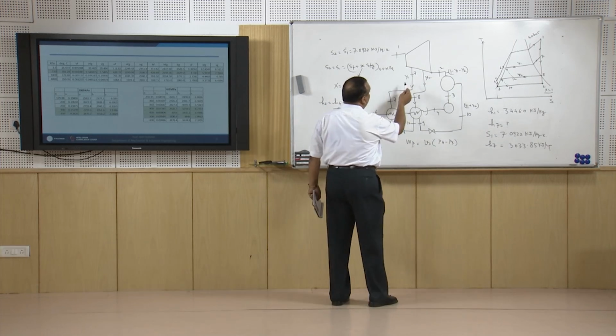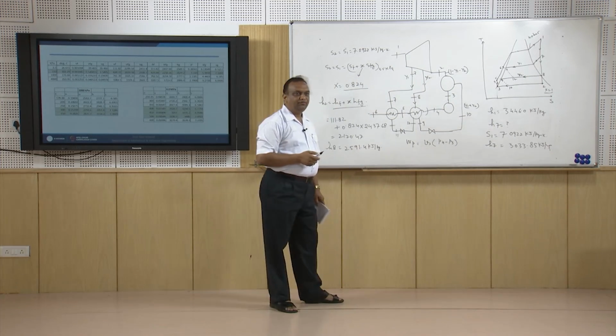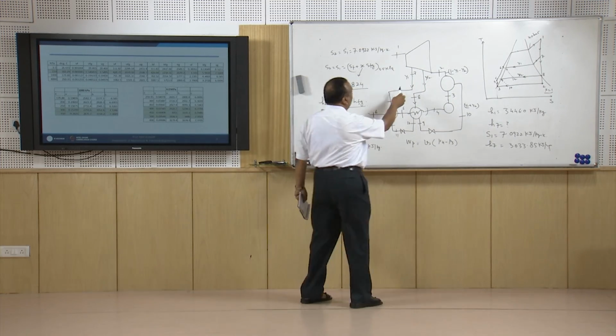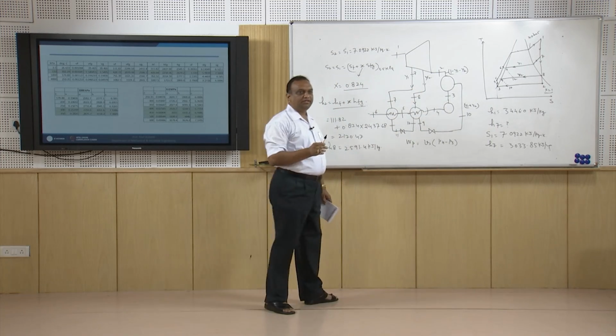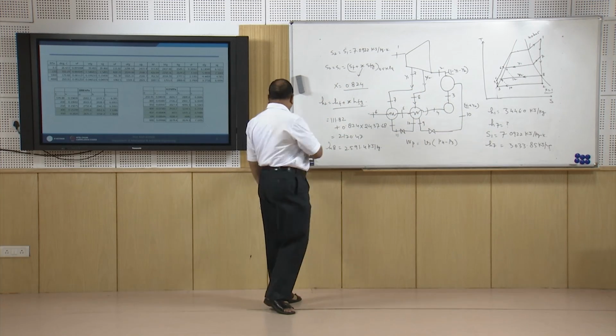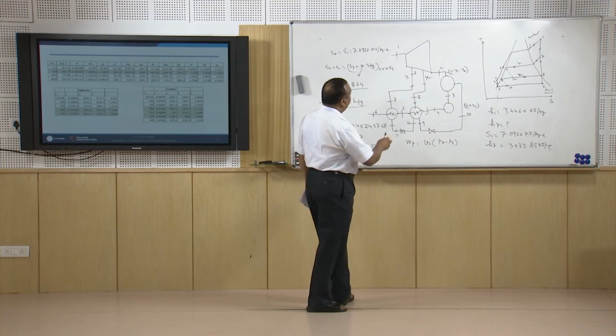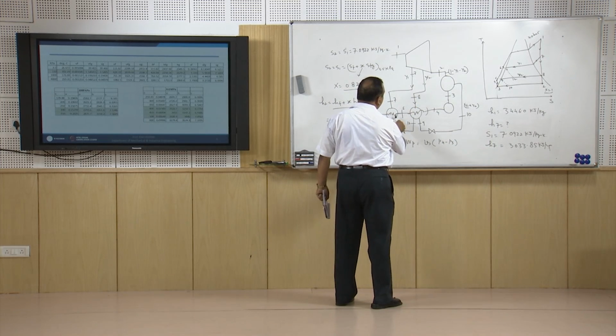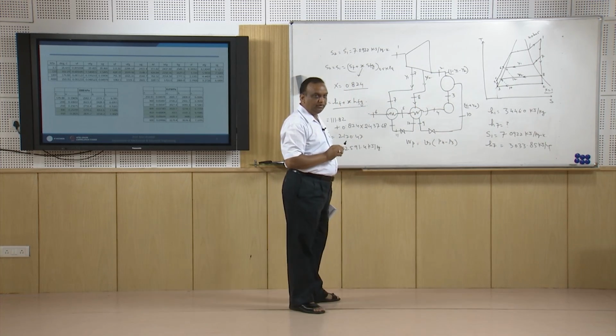Now, remaining is the value of Y1 and Y2. If we have the values of Y1 and Y2, we can find the rest of the things, right. In order to find Y1 and Y2, we will have to make a heat balance in both these two heaters.